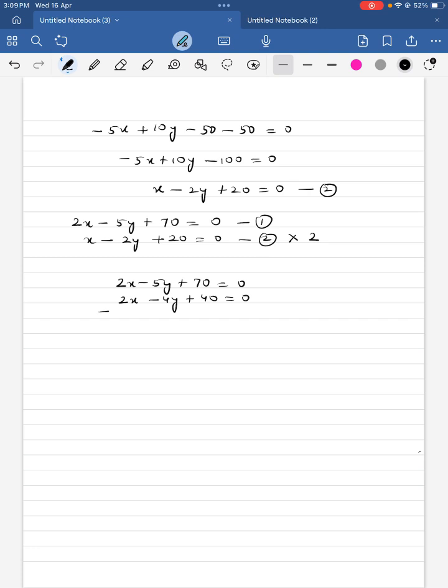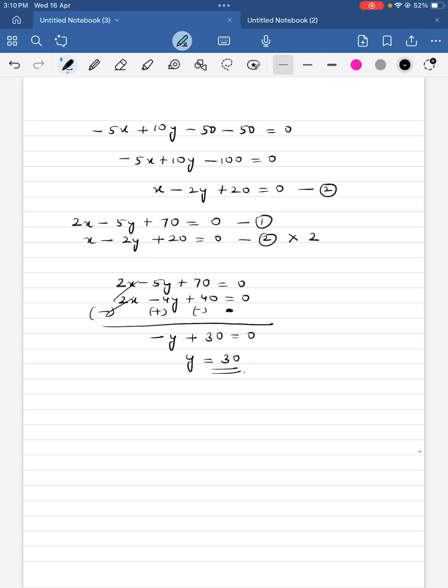Now let me subtract both equations. So all the signs would change here and I would get minus y plus 30 equal to 0, or the value of y becomes 30.